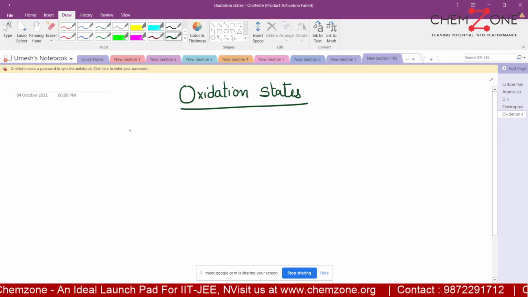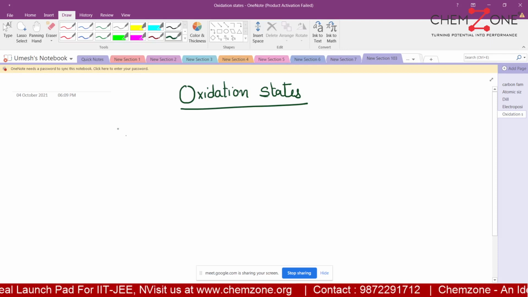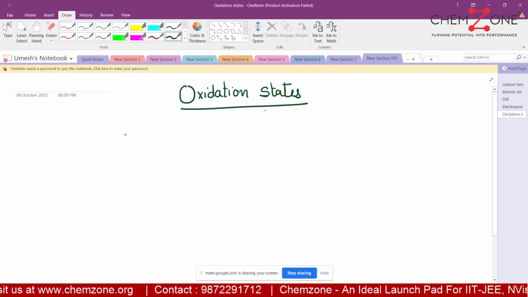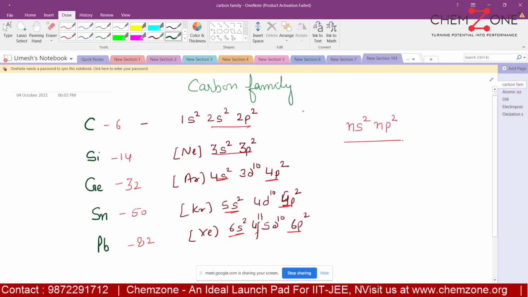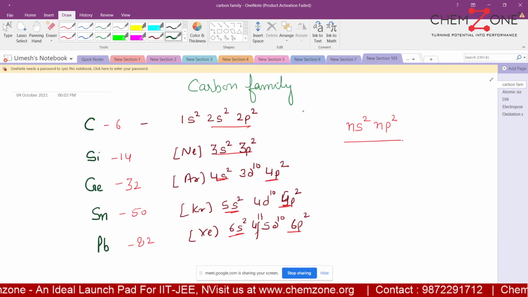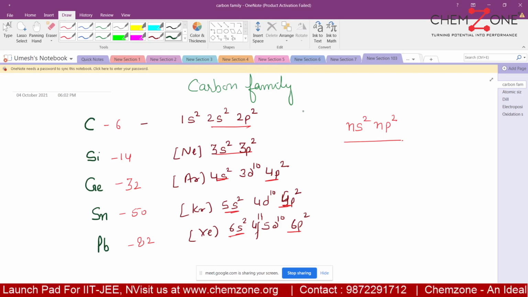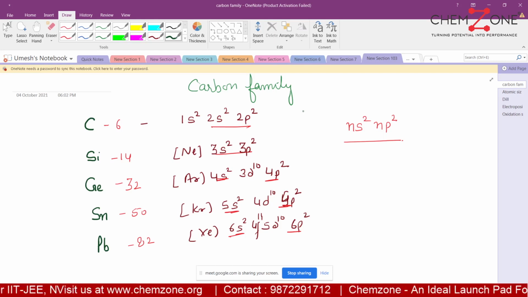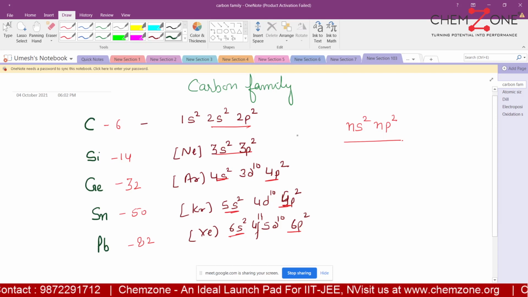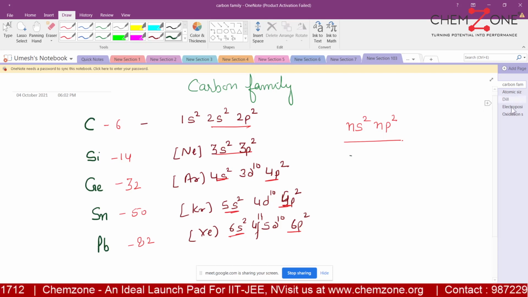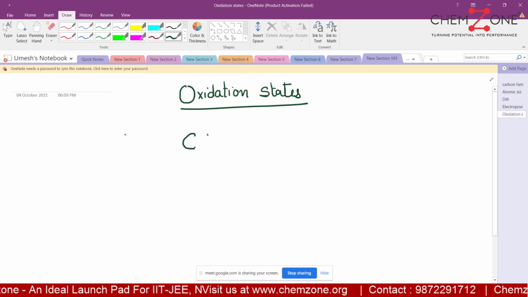So, in the carbon family, if we see this electronic configuration, how many electrons are present in the outermost shell? 4. So it can lose 4 electrons.